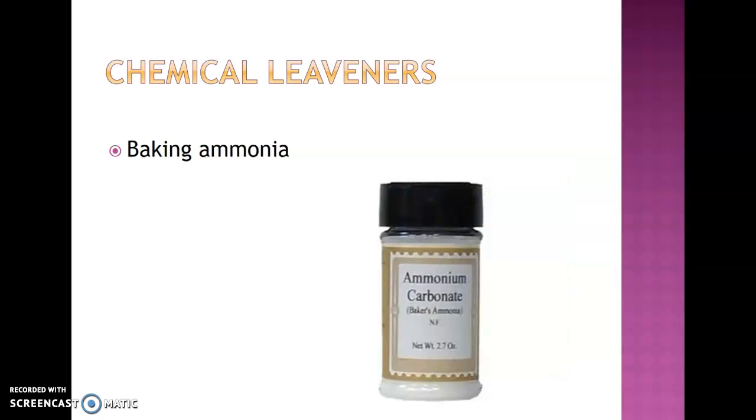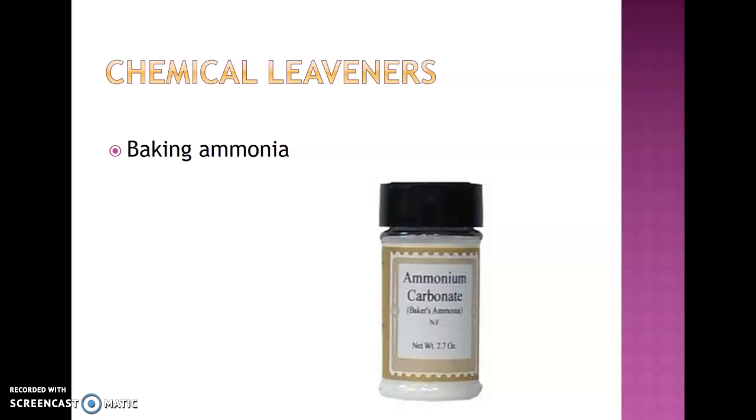The third type of chemical leavener we'll talk about is baking ammonia, or ammonium carbonate. It's pretty rare to find. You can get it at King Arthur Flour or some other specialty baking stores, usually online. This is an ammonia product. It actually releases ammonia as well as carbon dioxide when it's reacting in the heat.